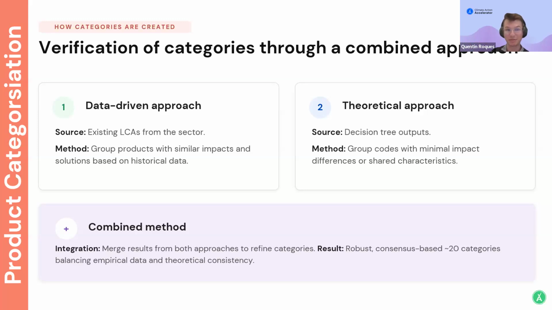And we also have the more data-driven approach with all the LCAs that we have from the sector, and we combine those two approaches to create the final categories, with a theoretical and a real-world data-driven approach in the same categories.